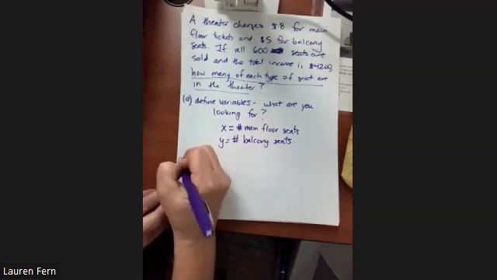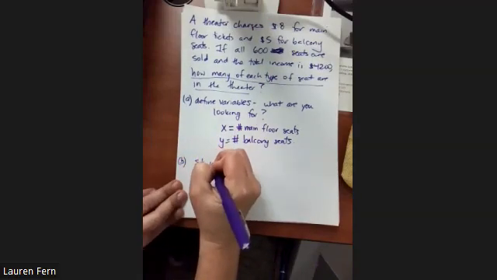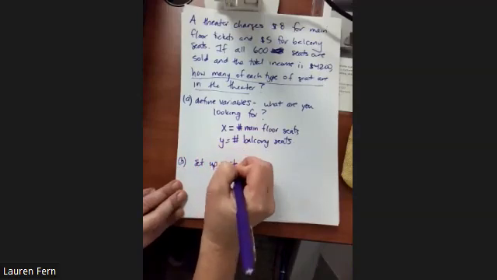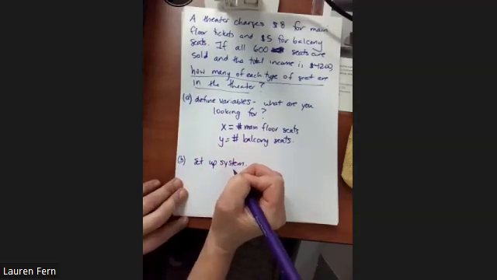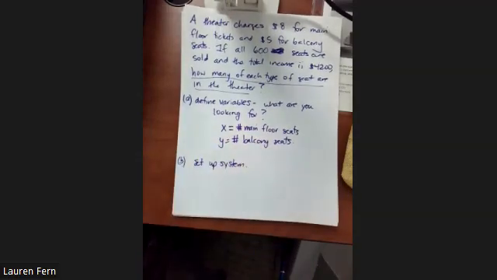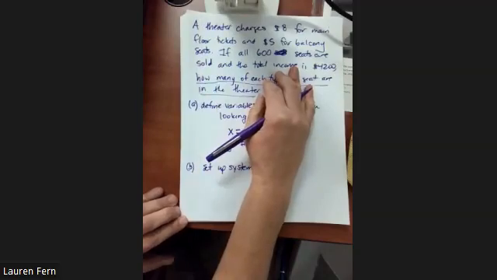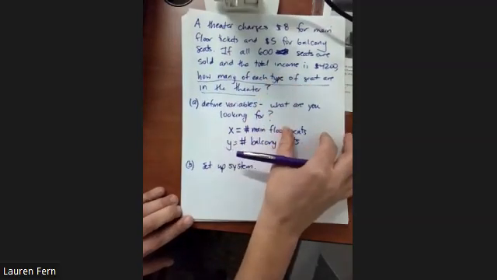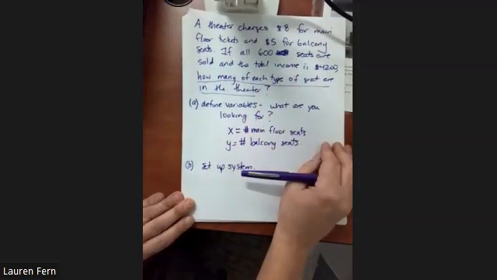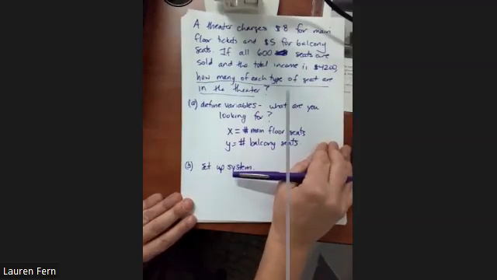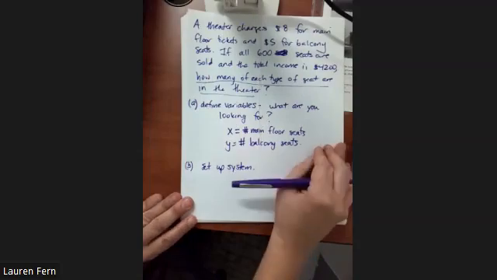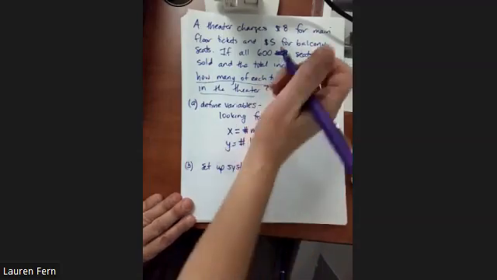Next, we want to set up our system of equations. This is where it takes deciphering all of the information we've been given, and you're going to start to notice patterns as you practice more examples. So what information are we given?